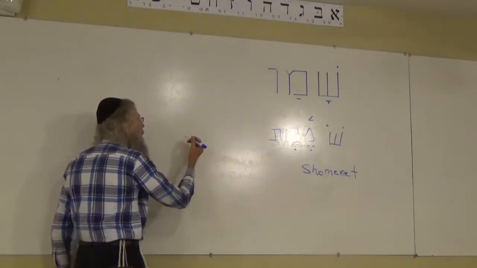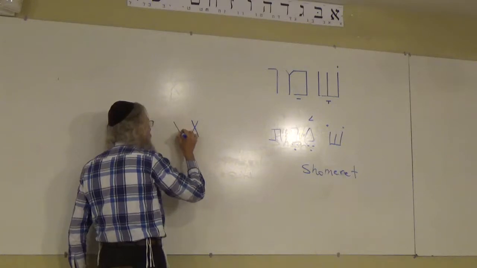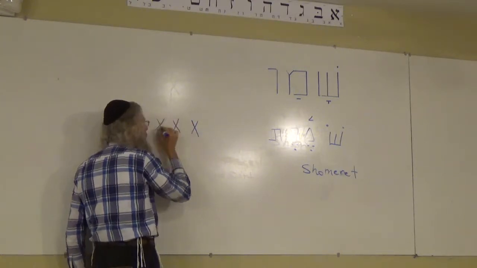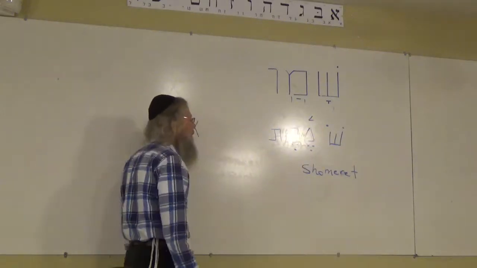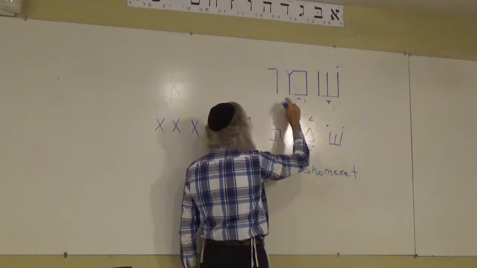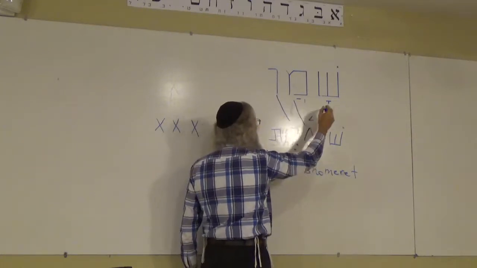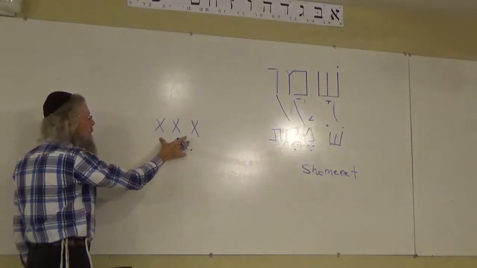So, the formula: notice that you have your three consonants. Notice that they stay the same. So here are your three consonants.